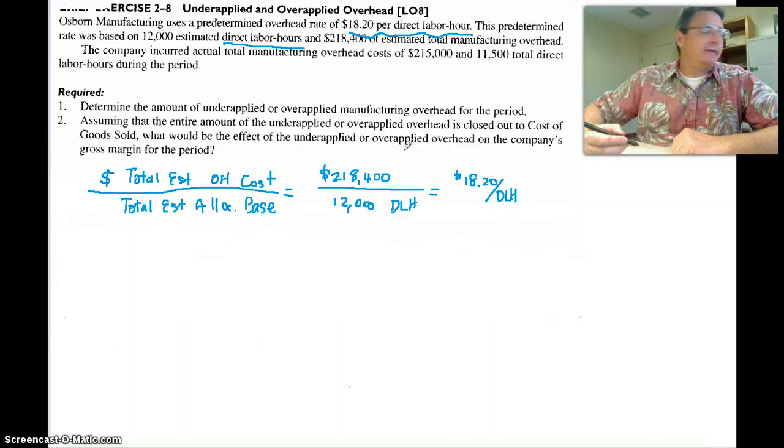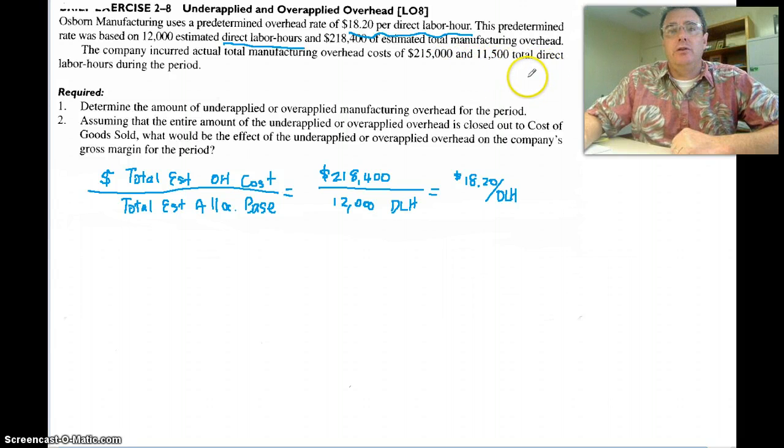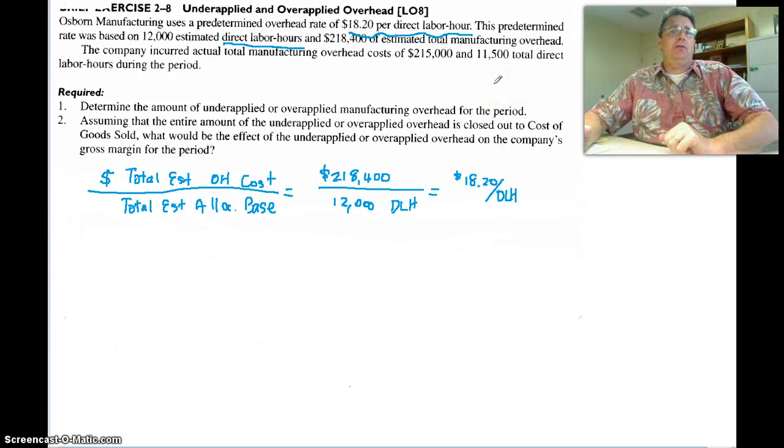Okay, let's finish reading the problem. The company incurred actual total manufacturing overhead costs of $215,000 and 11,500 total direct labor hours during the period. So that sentence gives us all the actual information.